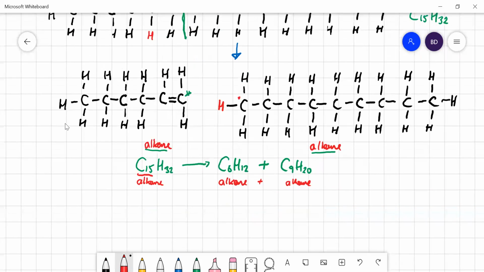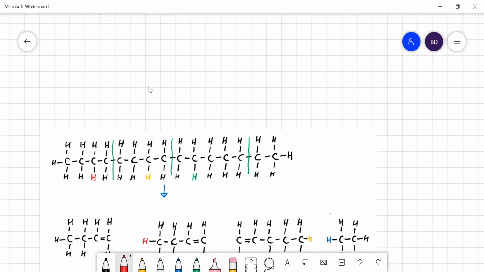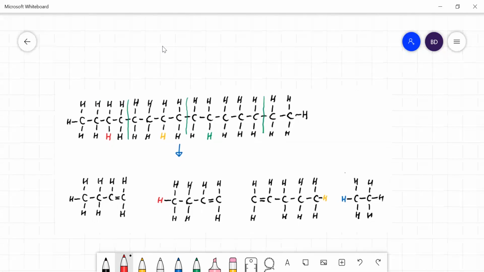Right, let's have a look at another example of cracking. I've got another one here. So again, I've got C15, this is C15H32, the alkane, and we're going to break it where the greens are. Okay, you're going to break those bonds, so we end up with the following molecules below. Now you can see that there's been some rearrangement. We form some double bonds.